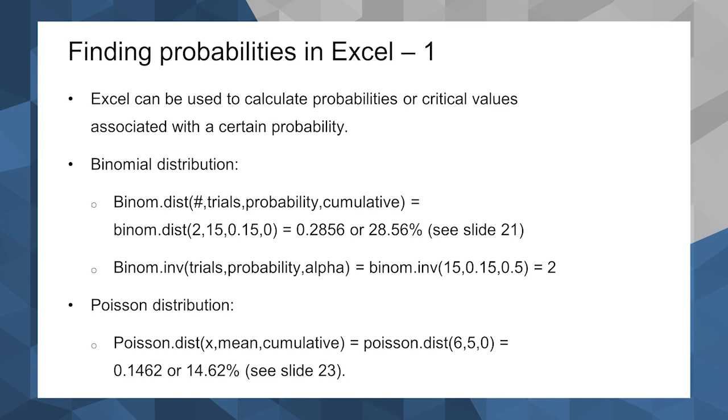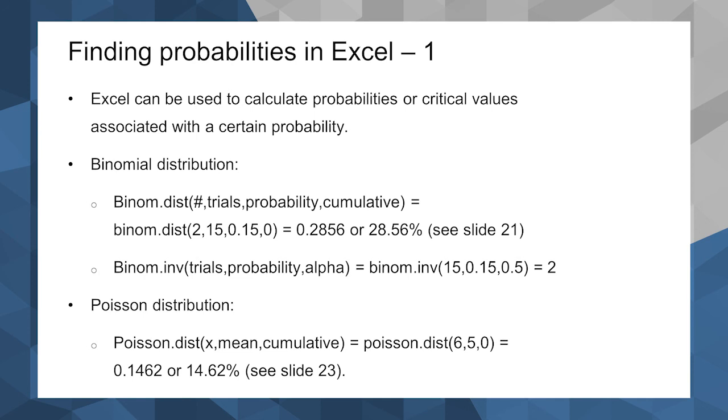There are formulas, binom dist, that calculates probabilities, binom inv, that calculates the number of successes. So binom dist, if we put the number of successes we want, the number of trials, the probability, and an indication of whether it's cumulative or not, using binom dist, that gives us the probability.